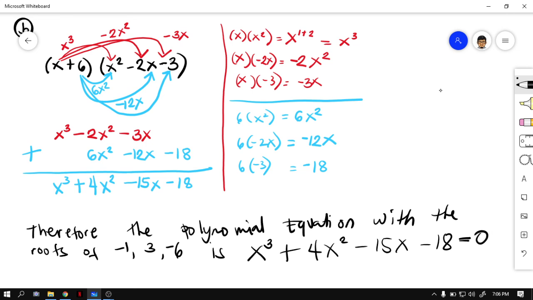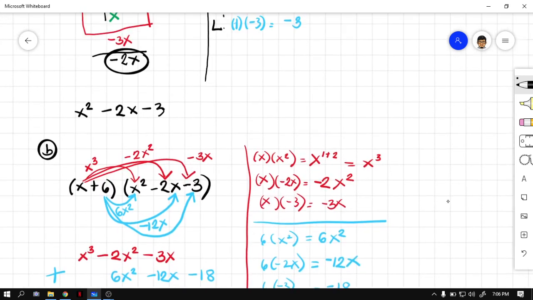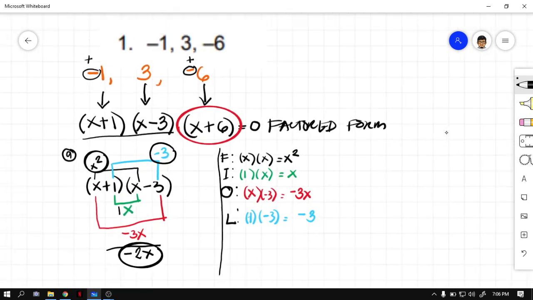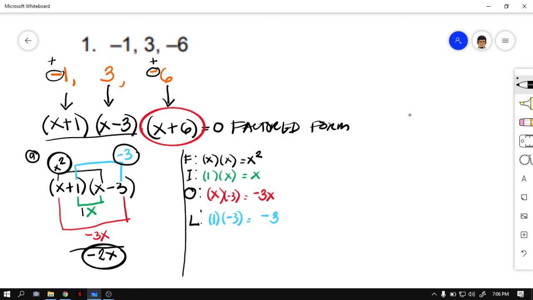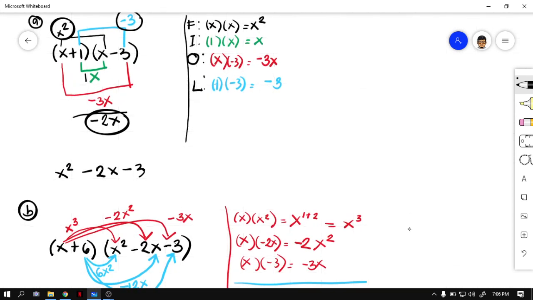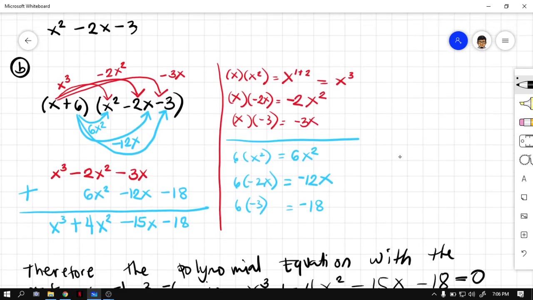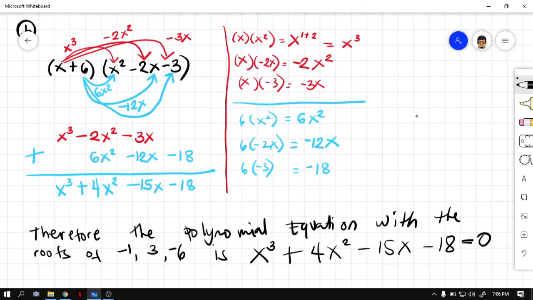Okay. And that's it. That's how you solve for the polynomial equation if the roots are already given. Okay. That's number 1.